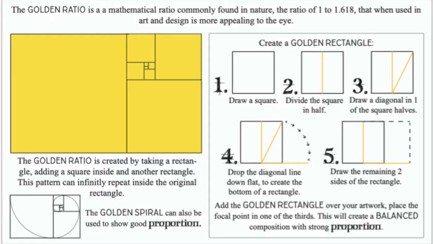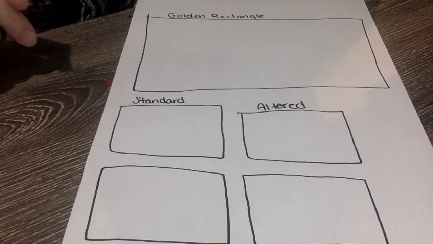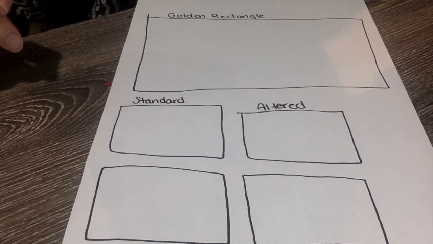So on the top here, it asks us to use the golden ratio. The golden ratio is a mathematical ratio commonly found in nature, and the ratio is 1 to 1.618. When it is used in art and design, it's just more appealing to the eye.